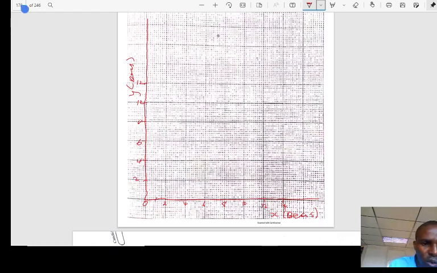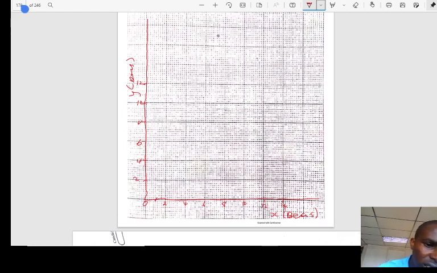Then you draw a bold line, since it's equal to. Right, it looks nice. Then you say x is equal to 1.